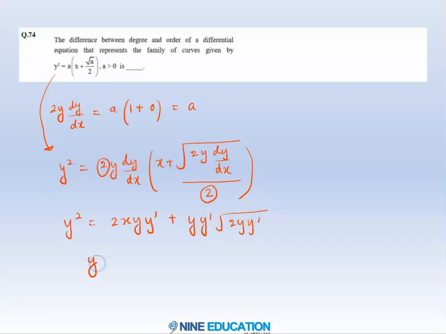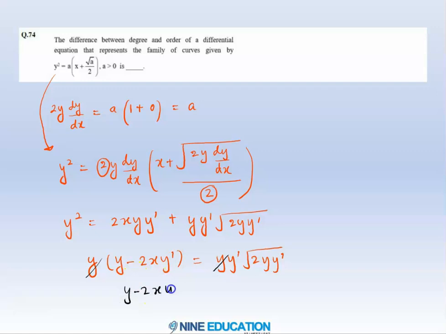I can take one y common, and this will be y minus 2x y dash on the left-hand side, and y dash root over 2y dash on the right side. We can remove this extra y on both sides and then square on both sides.